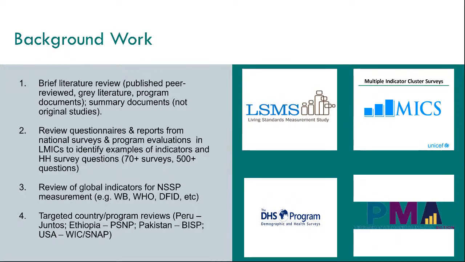We also reviewed global indicators for nutrition-sensitive social protection measurement from various organizations, including the World Bank and WHO, DFID, and so on, to try to get a sense of how they are defining nutrition-sensitive social protection and what types of data sources they are using, and importantly, how they are structuring their questions and what we can learn from that.